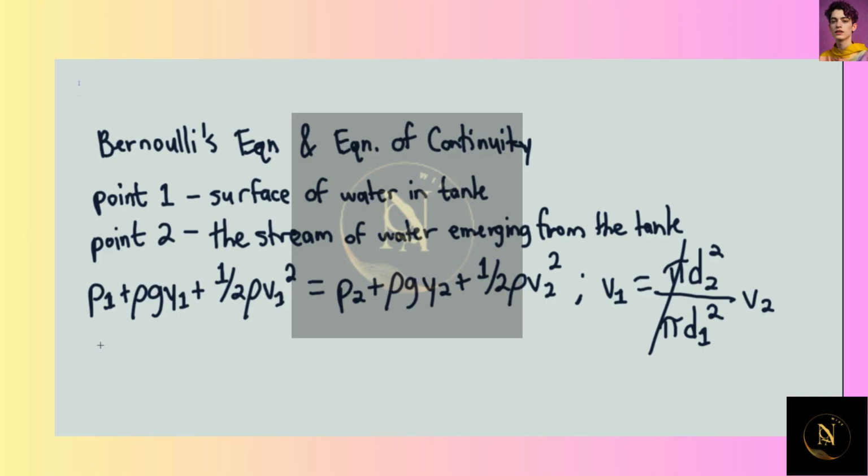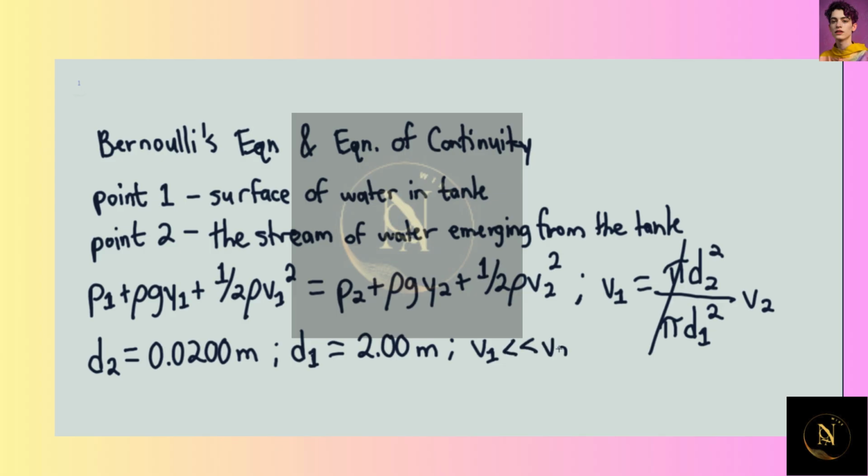We know that d sub 2 is equal to 0.0200 meters, and d sub 1 is equal to 2.00 meters. So because of this, v sub 1 is going to be much less than v sub 2, and so we can neglect this term here.